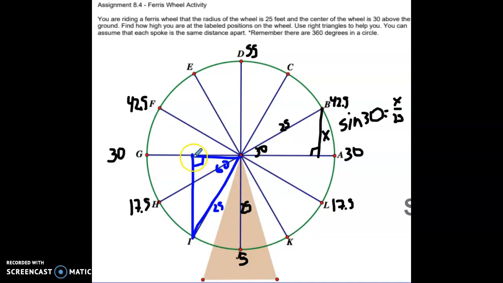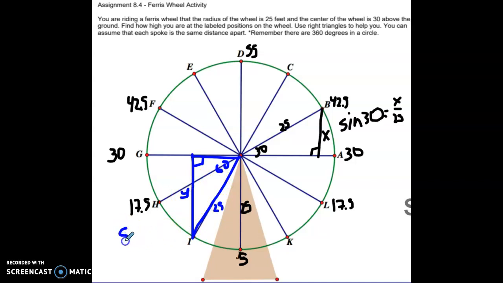I want to know this distance right here, so I'm going to call it y, just so we don't get goofed up with the x from over here. So what trig function am I going to use? For my angle, I'm looking for the opposite side and the hypotenuse.